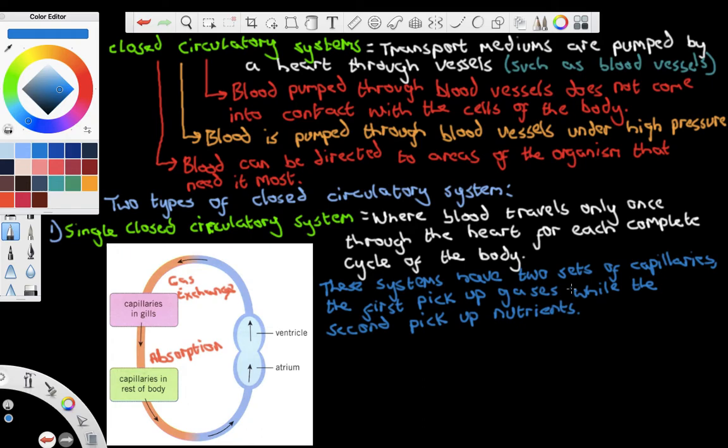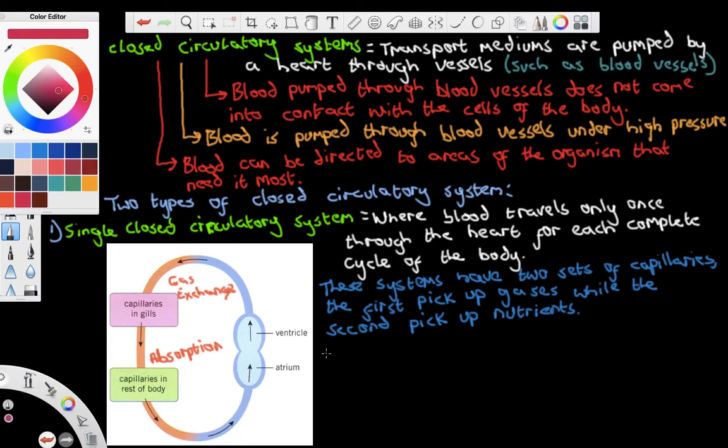Now, as a result, fish are very metabolically slow. Okay? As a result, blood is pushed through these blood vessels very, very slowly in order to allow exchange of materials to happen. This also allows blood to return to the heart after it has released all of the substances it has to carry.